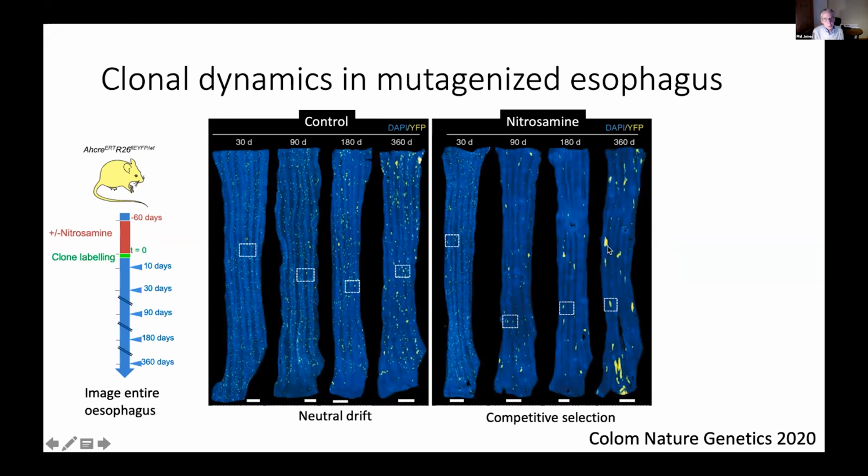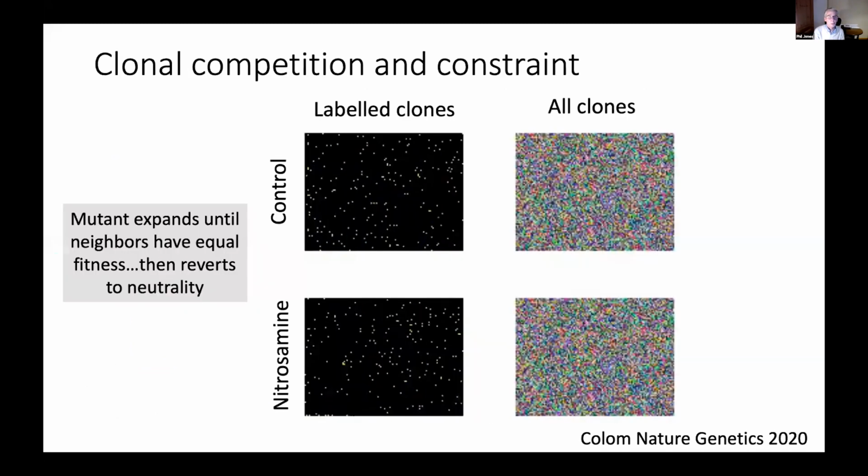But of course, because this is a mouse, again, we can cut out individual clones and sequence them. And what you find that is interesting is that clone size is not simply a function of the mutations they carry. It turns out that the size of clones depends on the neighbors of the clones. So what's happening is what we call a neighbor constraint model.